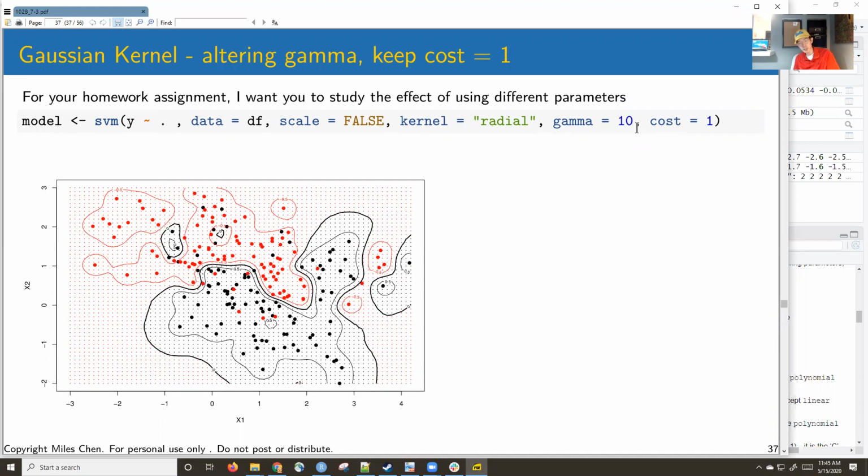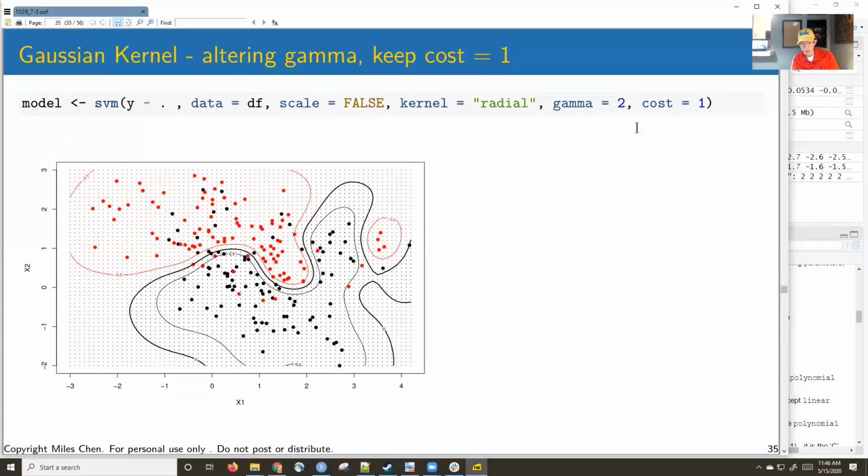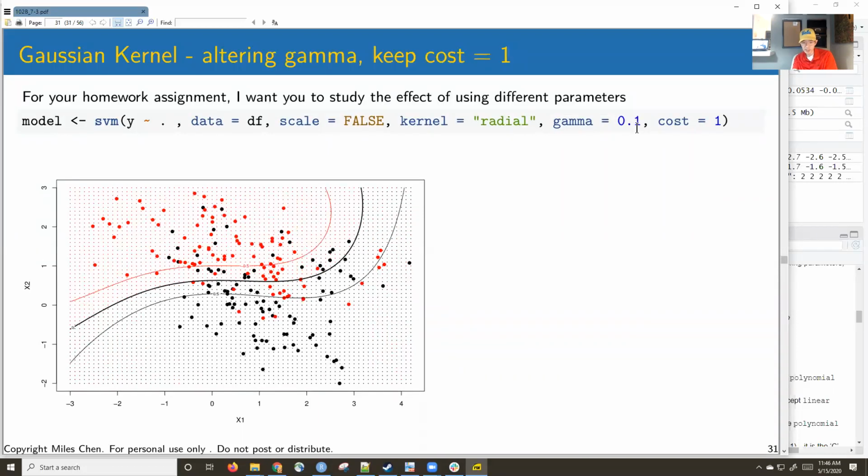And that's just with the radial basis function, the Gaussian kernel, which is probably the most flexible and probably most frequently used kernel function for support vector machines. And again, the idea is it projects it into some high dimensional space, and in high dimensional space, it is finding some linear hyperplane.